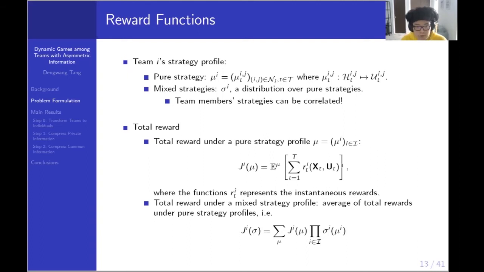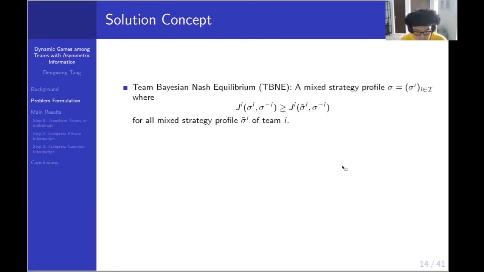So after formulating this, since we are dealing with a game problem, we have to specify which equilibrium concept we are using. In this work, we are going to use the simplest concept, which is mixed strategy team Bayes Nash equilibrium. A mixed strategy profile is a team Bayes Nash equilibrium, TBNE, if no team can unilaterally deviate to another mixed strategy to strictly improve its utility.